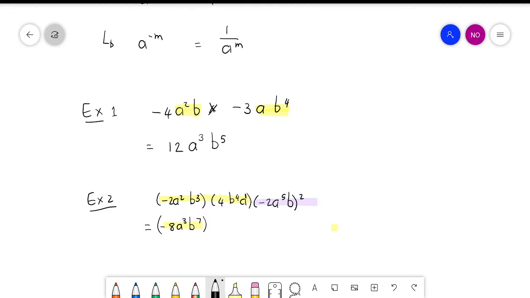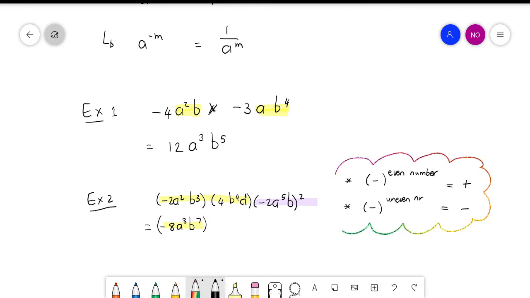Write that down for yourself. Okay, so this is positive 4.